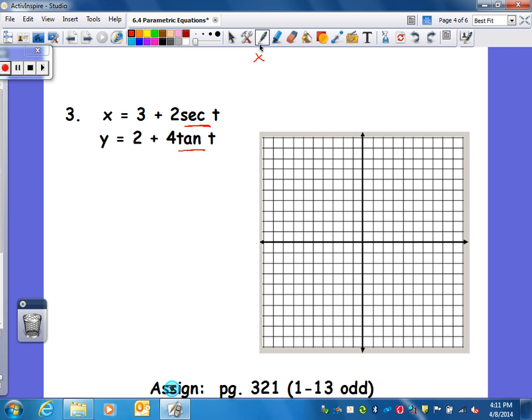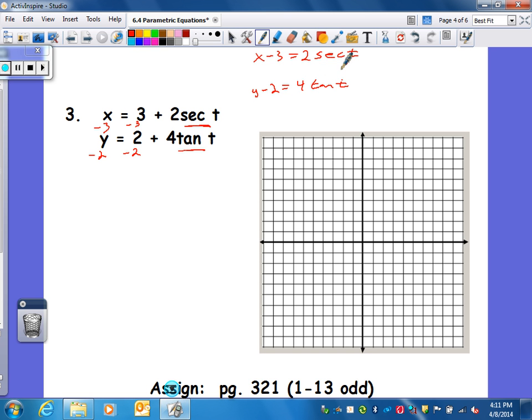Subtract 3 from this one, and 2 from this one. So we have x minus 3 equals 2 secant t, and the other one is y minus 2 equals 4 tangent t.